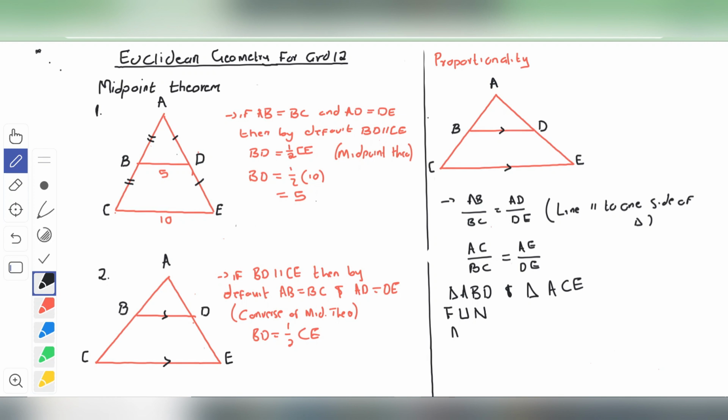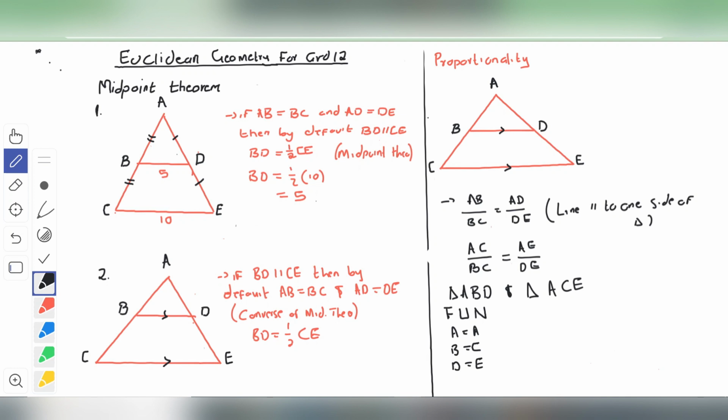Therefore we're going to have angle A is equal to angle A. Then the second letter of the first triangle, which is B, and the second letter of the second triangle, which is C. And lastly, D and then E. If you didn't go through the tutorial video about the similarities, you can go through it. We did discuss this and made a few examples, so you'll see why we are doing this.